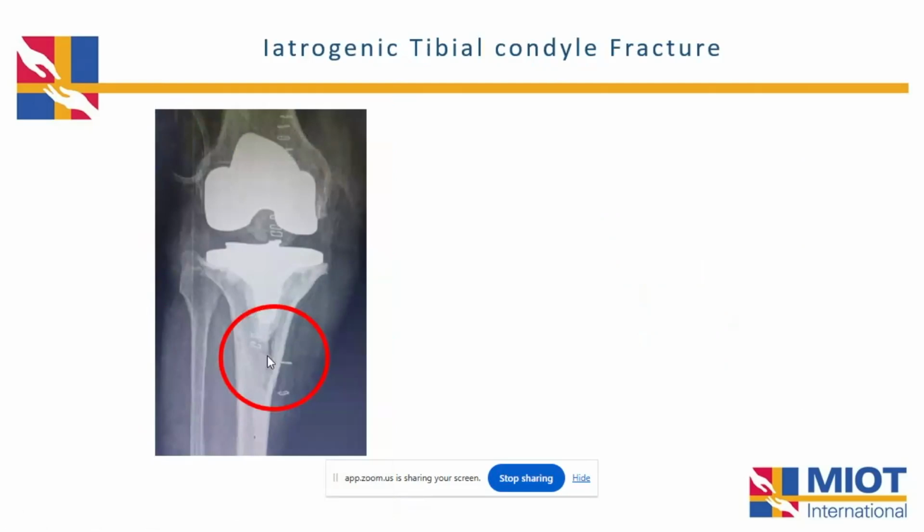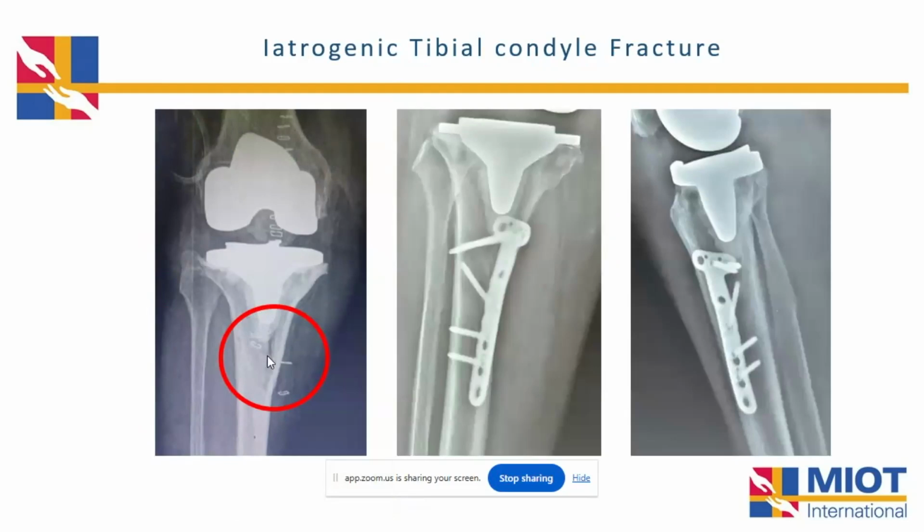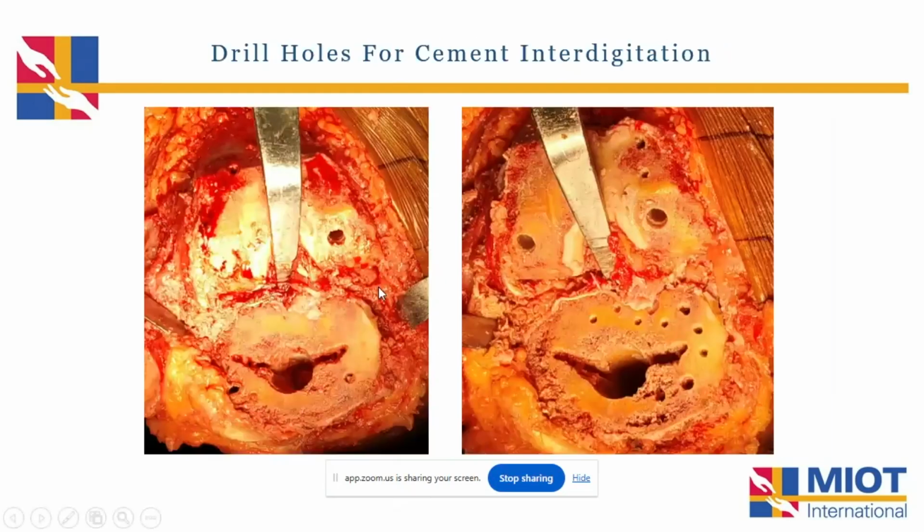So then I had a very difficult time. Then we had to plate, and this is 1.5 years after the initial surgery, and luckily the patient recovered well, and the implant was holding good. So on the safer side, it is better to prepare the keel with the osteotome rather than blindly banging it.